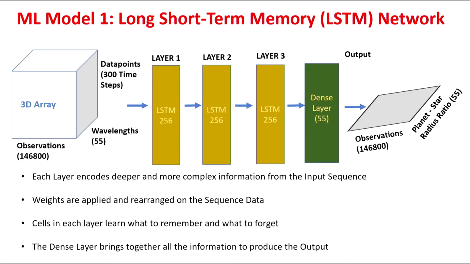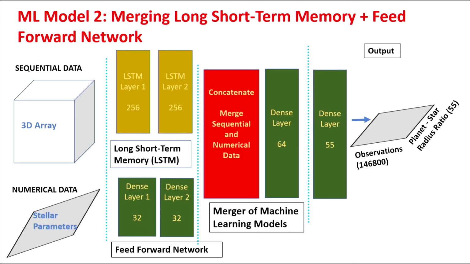This will then be connected to a dense layer, which will output the planet's radius ratios for all the 55 different wavelengths. Now, this only used a part of the data, and so was not actually accomplishing its full potential.